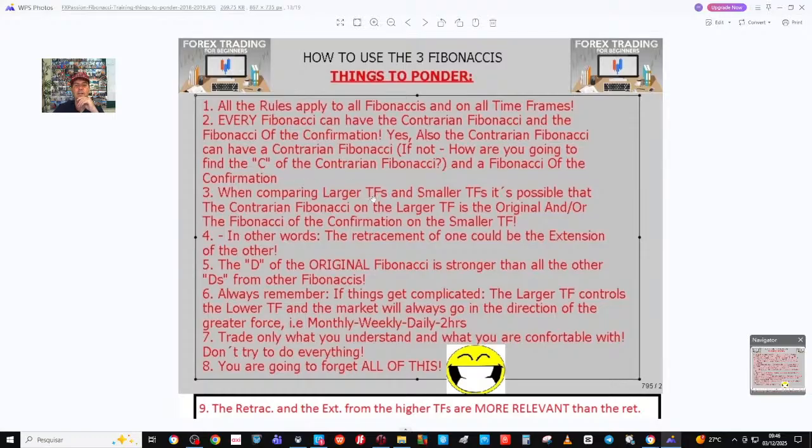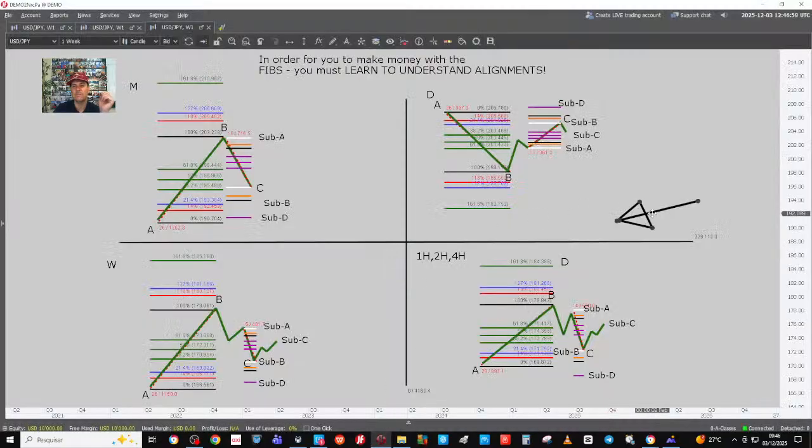When comparing larger time frames and smaller time frames, it's possible that the contrarian Fibonacci on the larger time frame is the original Fibonacci on the confirmation time frame, and or the Fibonacci on the confirmation. It's possible that the contrarian Fibonacci on the larger time frame is the original Fibonacci on the smaller time frame, everybody see?